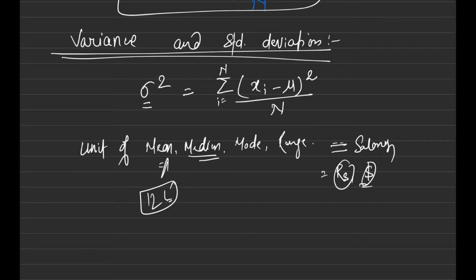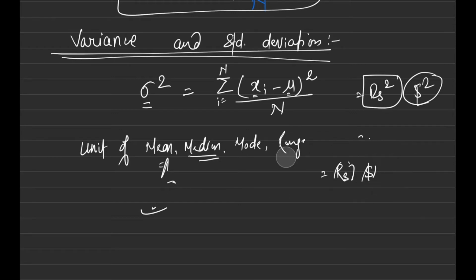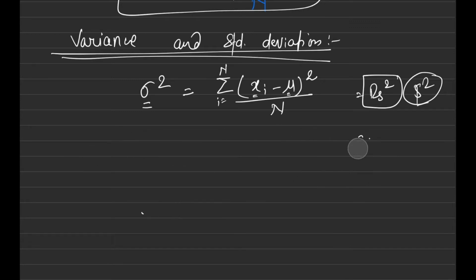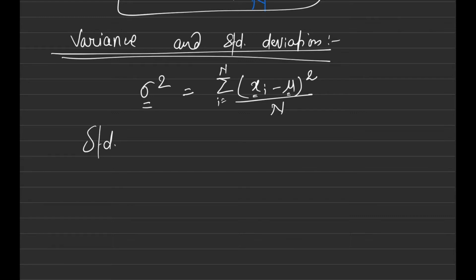But variance will be in rupees square or dollar square, because this xi is rupees minus your average, which is also rupees, and then you take the square. That's why variance is not very useful in real life, because it has a different unit to measure. That's why we take the standard deviation, which has the same unit and is represented by sigma.